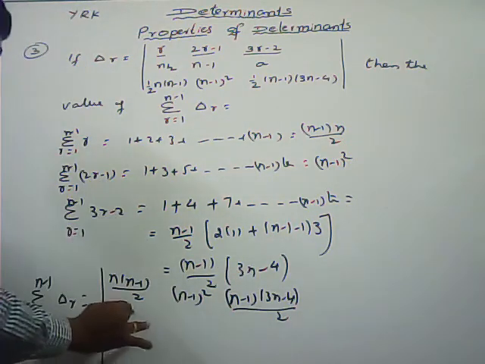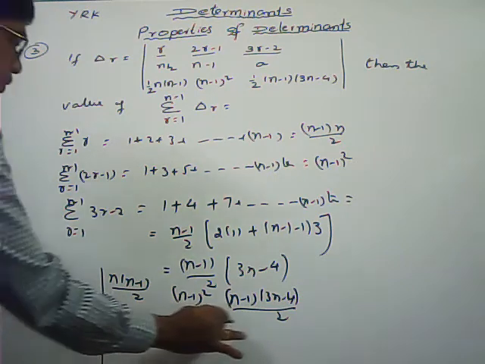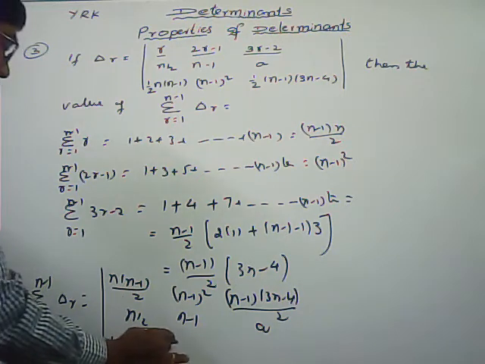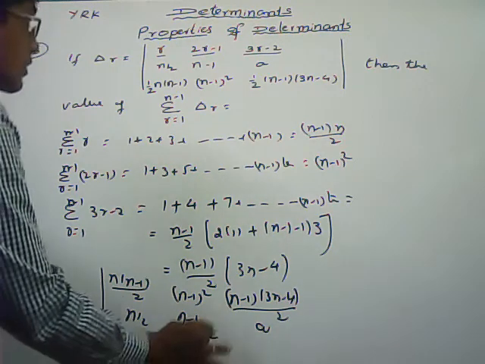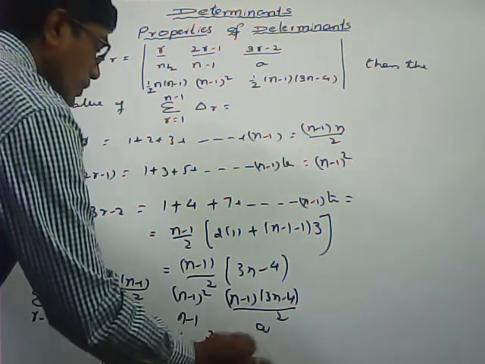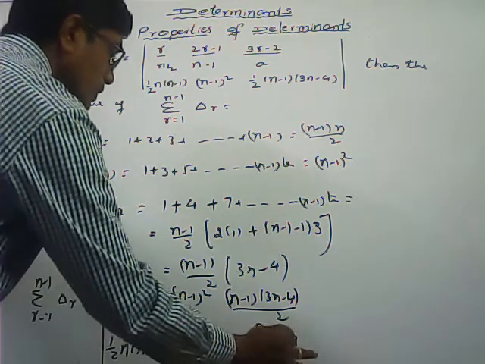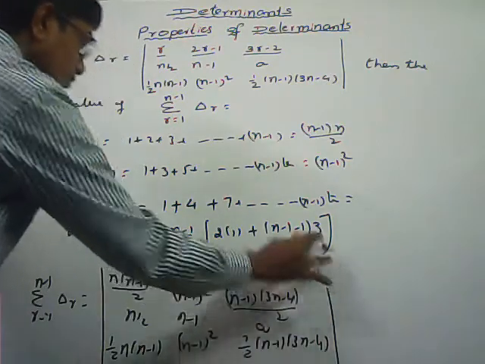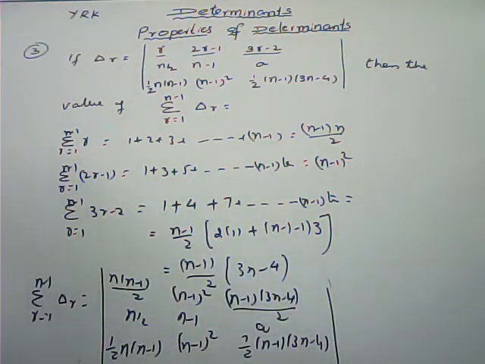Half of n into n minus 1, n minus 1 whole square, half of n minus 1 into 3n minus 4. By observing this one, the first row and third row, both are identical, corresponding elements are identical.